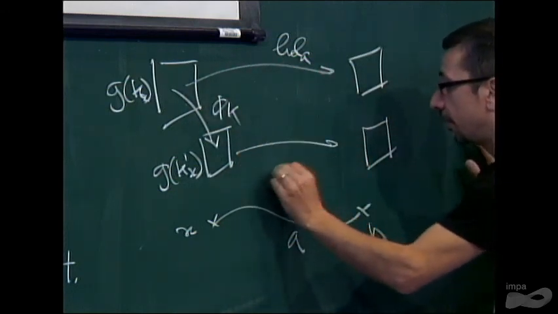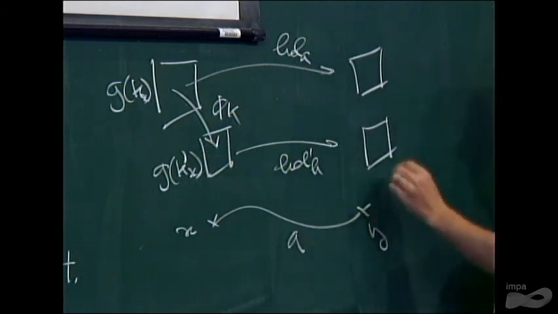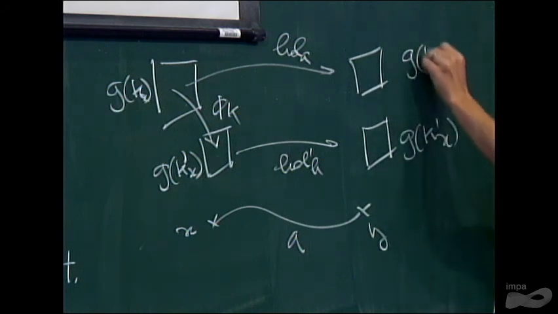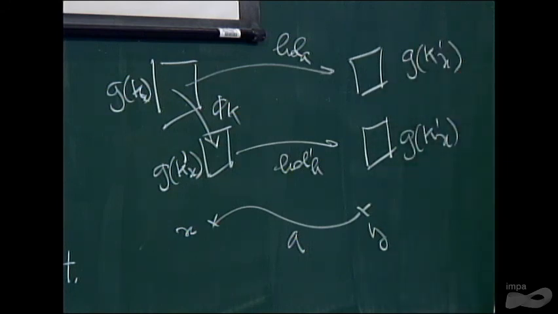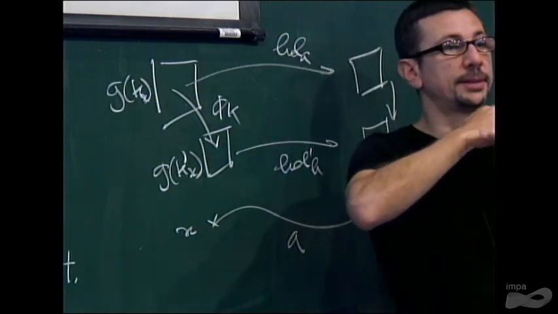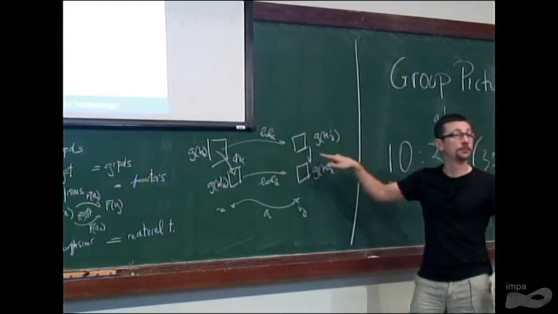But you have another holonomy, which is in A prime. So that goes to G_K' x, G_K' x. And of course, if the horizontal bundle were respected, if this theta was 0, this diagram would commute.